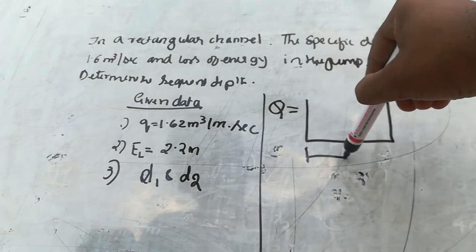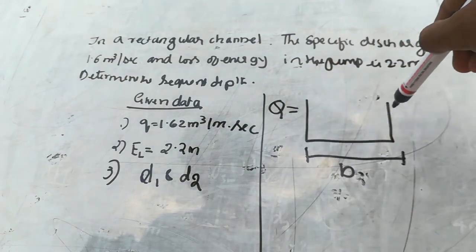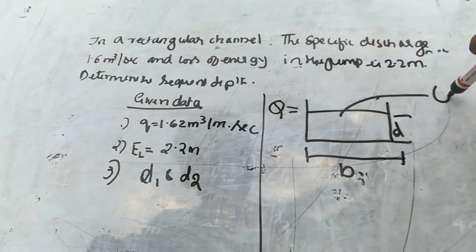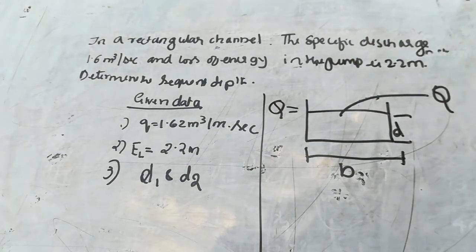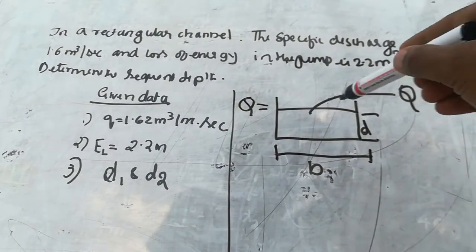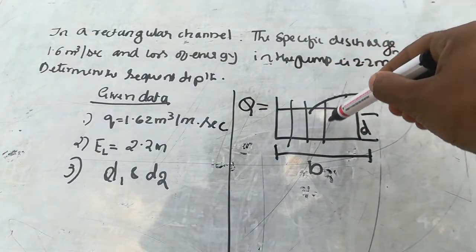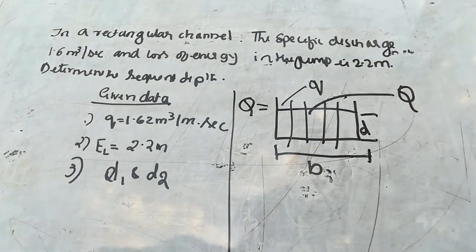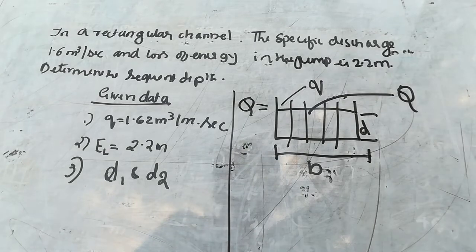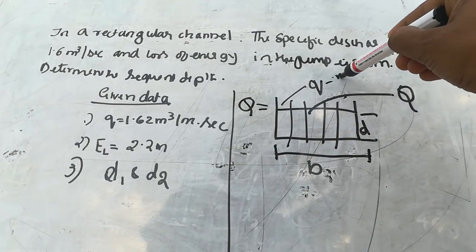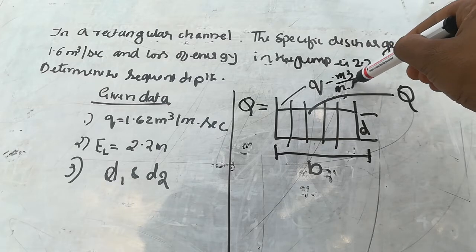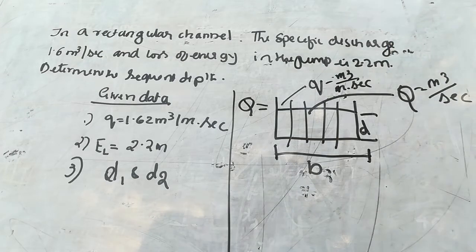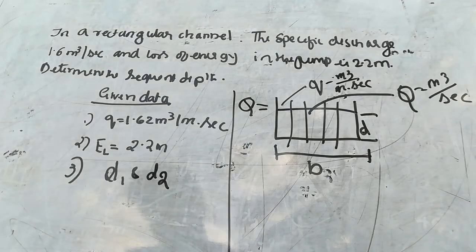For a width B and depth D, the flow is capital Q. If it is divided by per unit width, this is called small q, the unit width discharge. The unit of small q is meter cube per meter second, and capital Q is meter cube per second, for the full width.